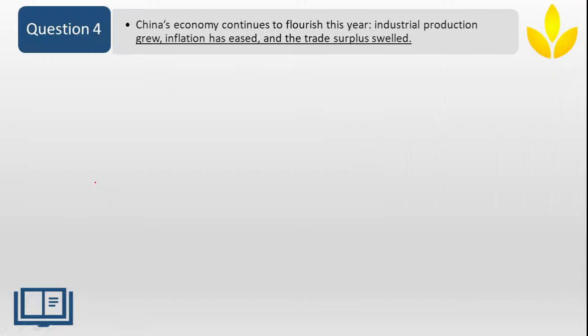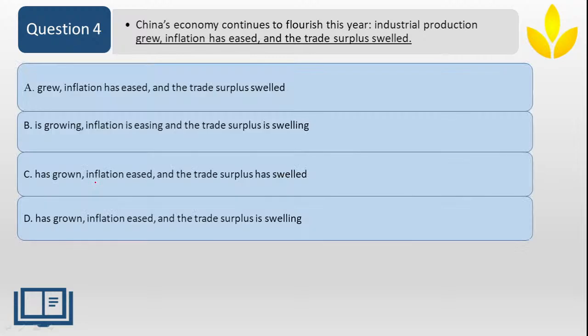You can check the explanation if you want for more clarity. Next question. China's economy continues to flourish this year. Colon is used. Industrial production grew, inflation has eased, and the trade surplus swelled. So what is the meaning of this?